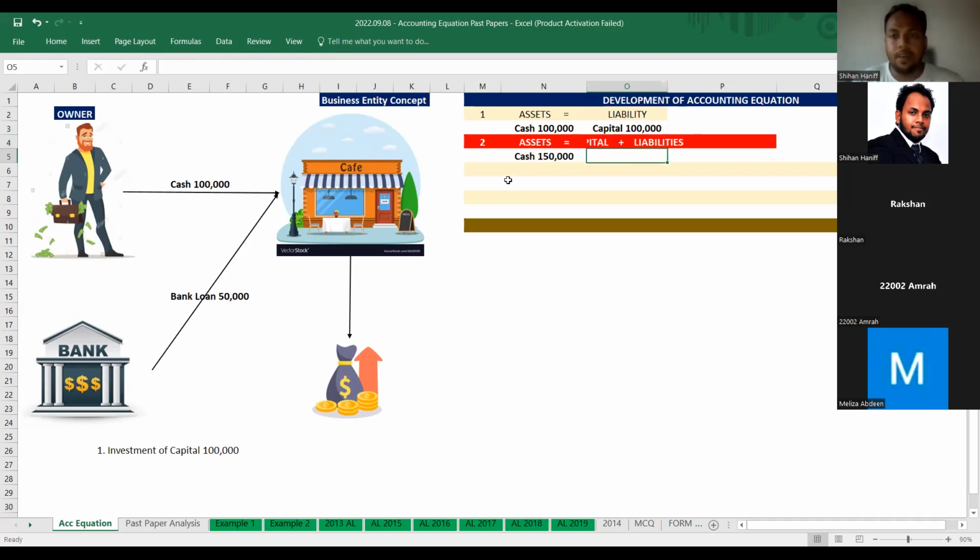So we derive the second equation: assets equals capital 100,000, liabilities 50,000.